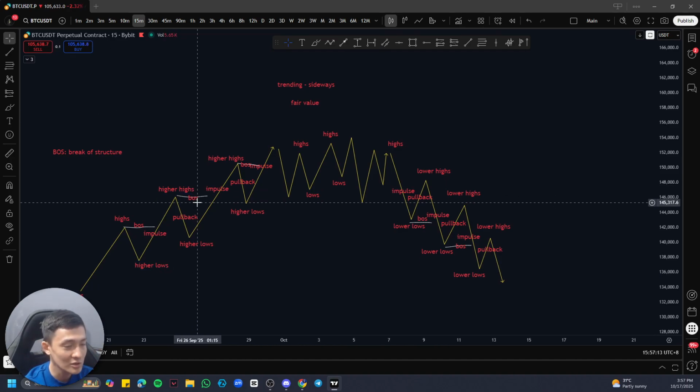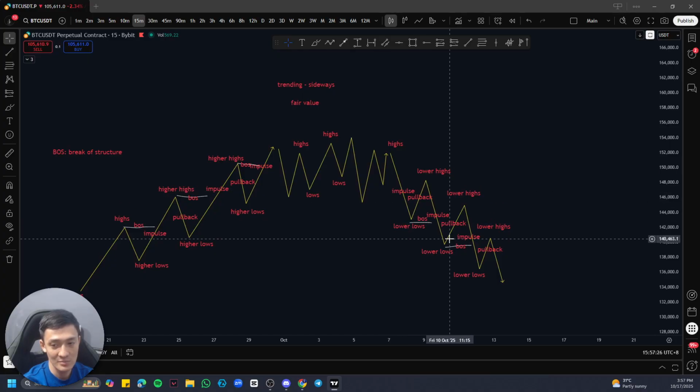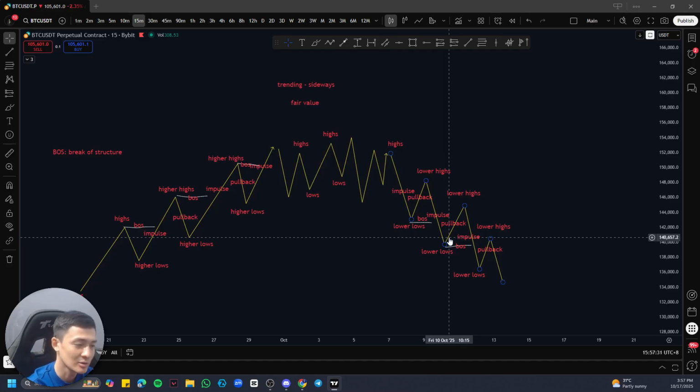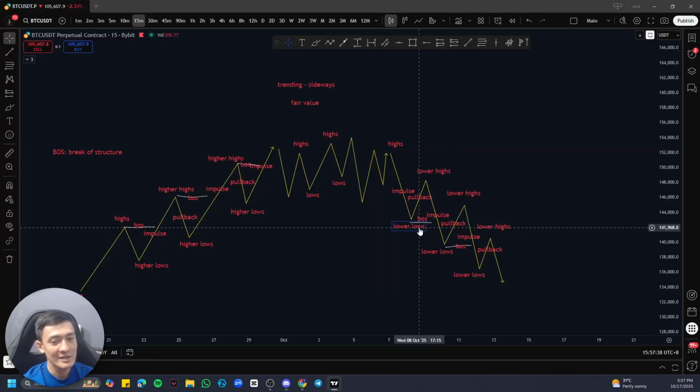This is where all the volume comes in, and where we can make the most profit. In a downtrend, same thing. We want to catch these impulse moves to continue the trend lower, break the structure, create a new low, and continue lower and lower. The probability is that in a trending market, we want to follow the trend. That is the best probability that we can take.